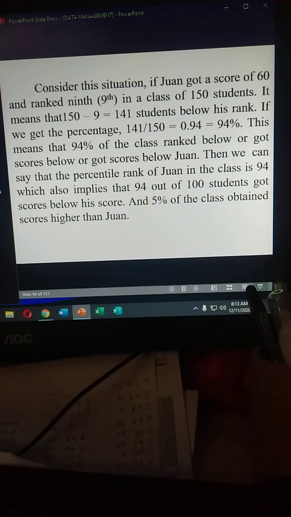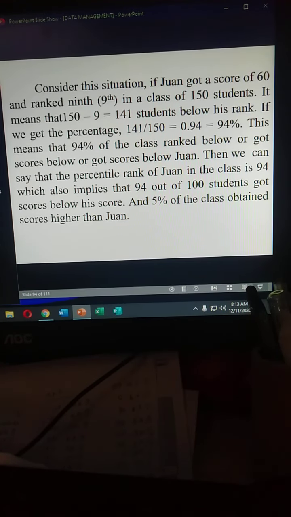Sabi ko kanina, 150 yung estudyante sa isang klase at si Juan ay rank 9. So, meron siyang natalo na 141 students. Gusto natin malaman kung ilan yung percentile rank niya. So, yung 141 na yon na difference ng 150 and 9, i-divide mo siya ng 150, which is the total number of the students. And we've got the answer of 0.94.